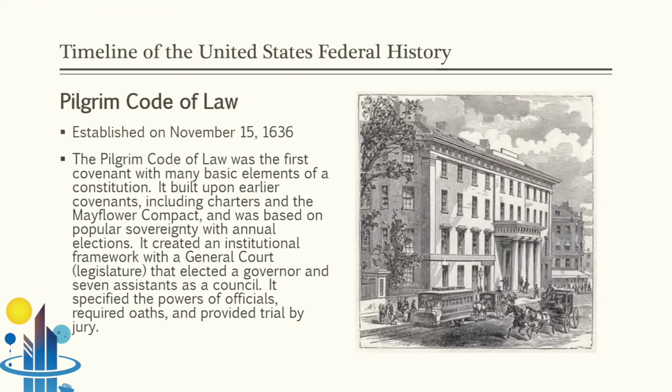It created an institutional framework with a general court that elected a governor and 7 assistants as a council. It specified the powers of officials, required oaths, and provided trial by jury. The 1636 code outlined the rights, duties, and powers of freemen, the general court, the governor, and the court of assistants, and an array of additional officers involved in administration of the colony.